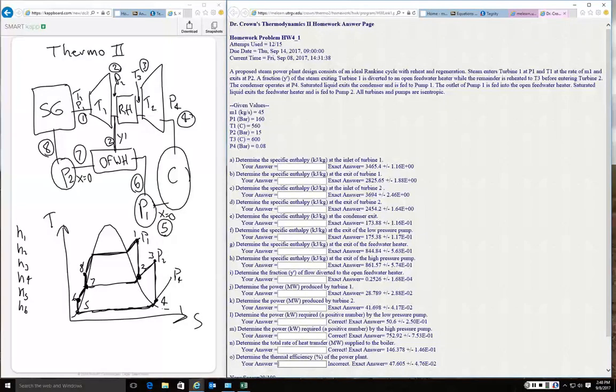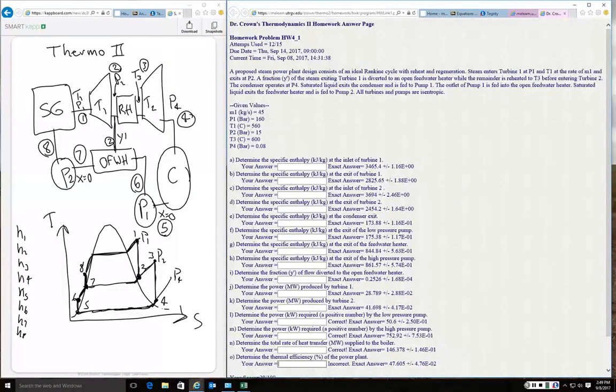For pump 2, H7 and H8. And then finally for the steam generator, H8 and H1. So I'm going to need all those enthalpies to be able to calculate the efficiency or the power for each turbine, power for each pump, and heat transfer both for the steam generator and the reheat.